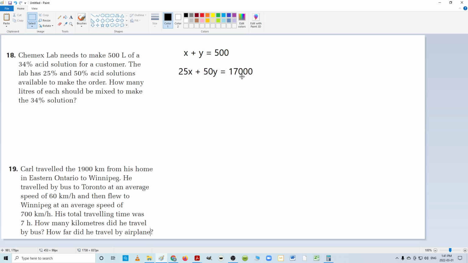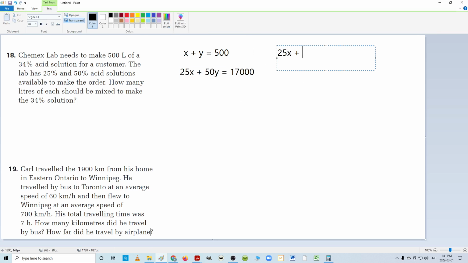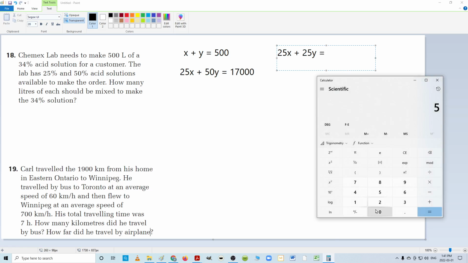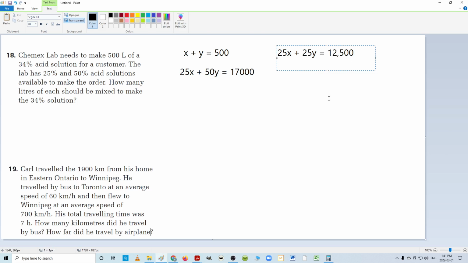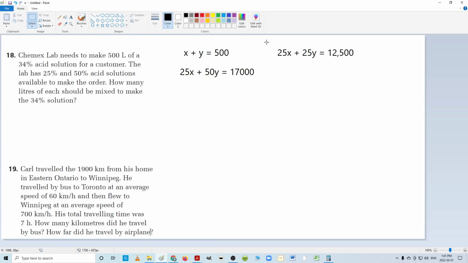I'm going to multiply everything by 25 up here, and I get 25x plus 25y is equal to 500 times 25, that's 12,500. My brain's really going. So I got that. Hopefully this works.